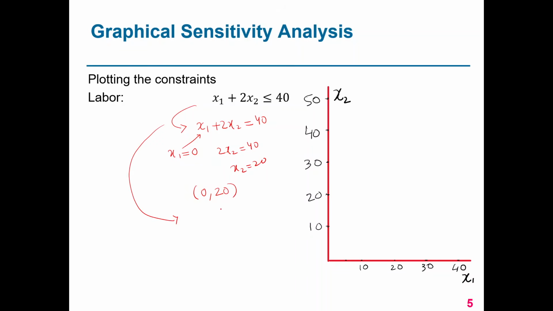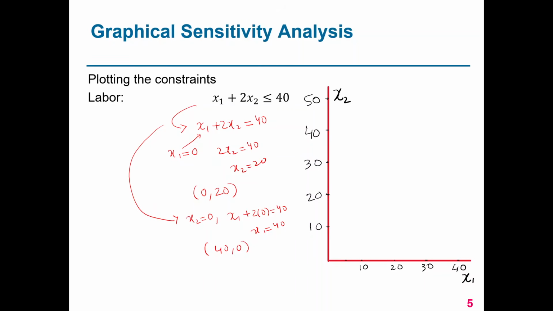Similarly, we will now put x2 = 0, and we will find x1 + 2(0) = 40, and x1 = 40. So the second point would be (40, 0).